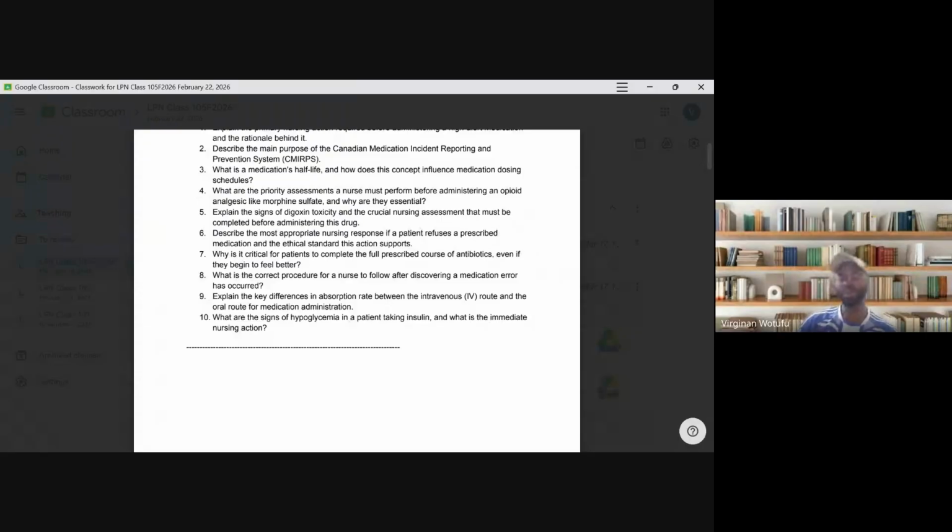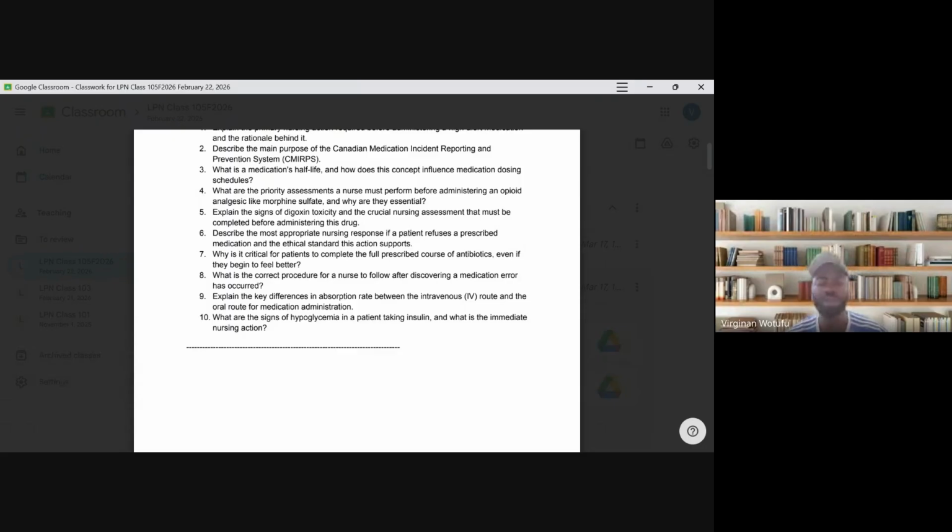I just made mention of it earlier again. You assess the patient, right? You assess the patient for what the error is causing, like you have administered a medication through the wrong route, or you have given a wrong dose.